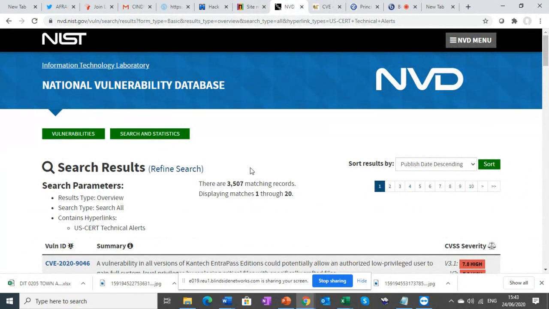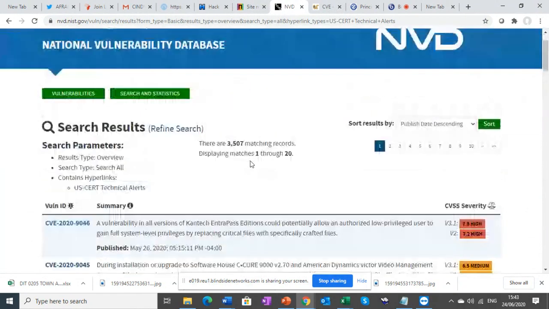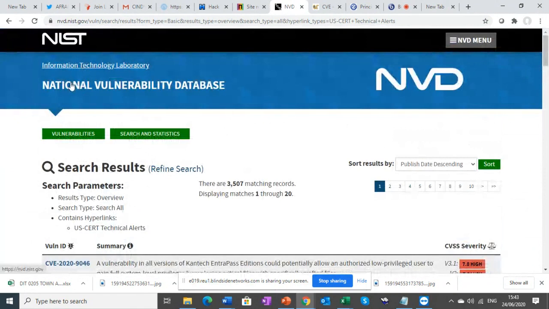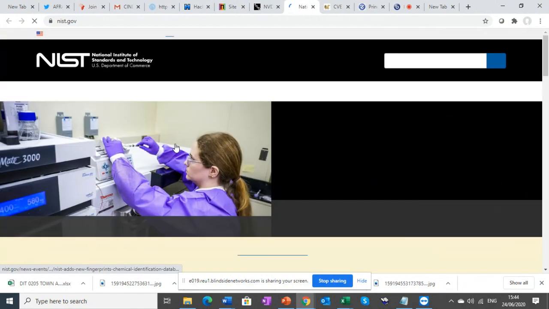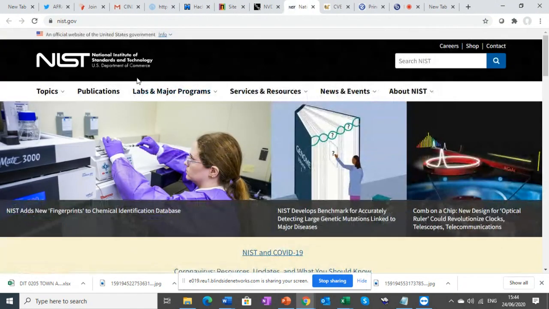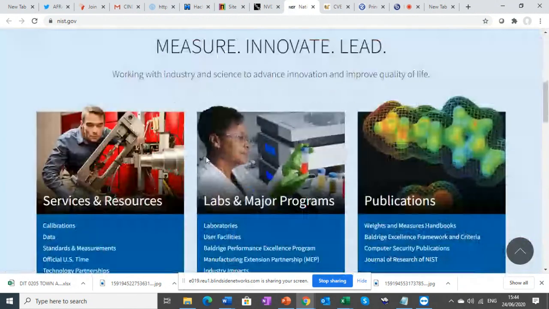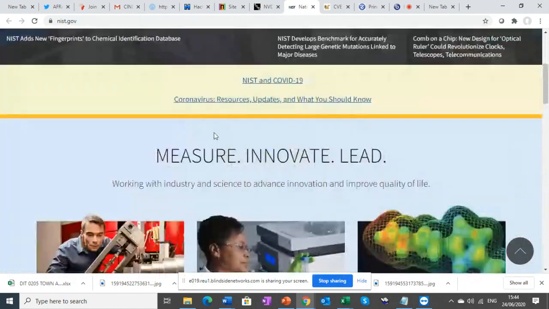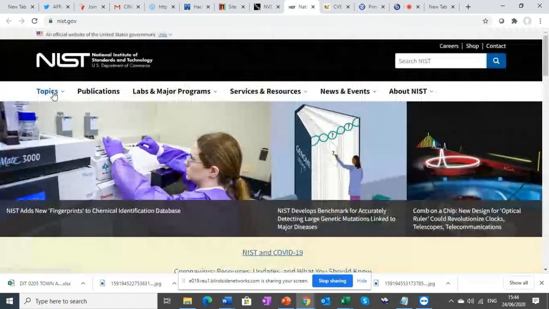Another site I would like you to go and research is the National Vulnerability Database. With this one you can search for much more information. Let me start from the home of that site. This is another site where you can read much more about national security standards and technologies in the US. You can search for information on the various investigations that were done.